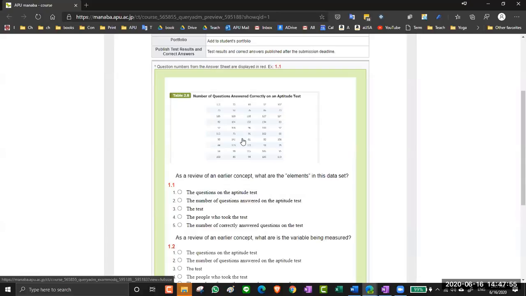So does anybody have an answer? So what was this data? It says the number of questions answered correctly on some aptitude test. Okay, so that's what the data is. But the question here is, what are the elements of this data set?